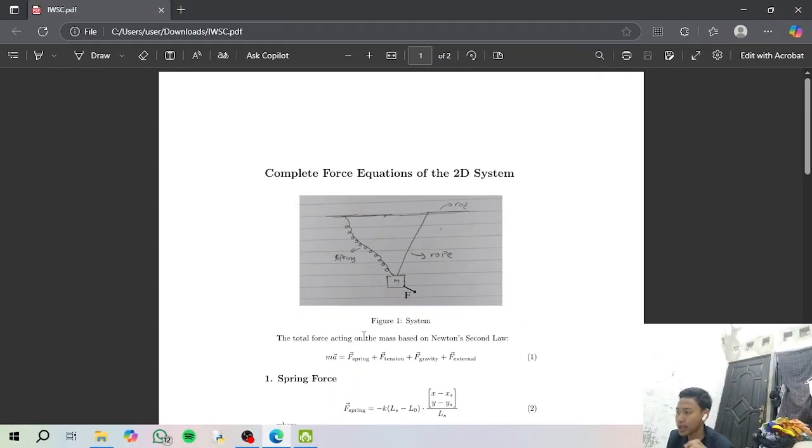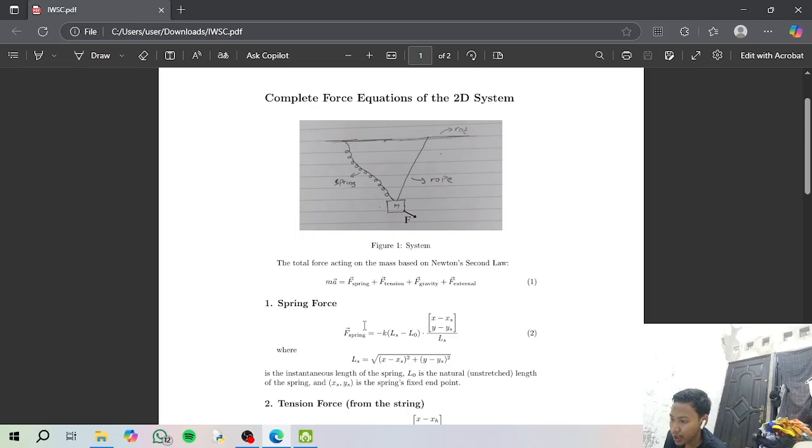Okay, so the last question is to find the equation of motion for the system. First of all, let's break down all the forces. First, we have the force done by the spring. The force given by the spring, from Hooke's law, is F equals negative k times (Ls minus L0), times the unit vector of the spring.